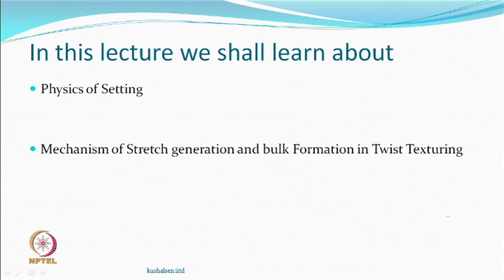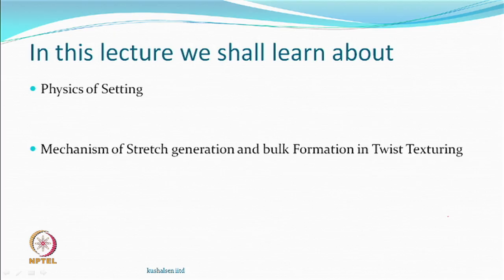In this lecture, we would try to concentrate on the physics of setting and the mechanism of stretch generation and bulk formation in twist texturing. It does not matter whether it is duo, turbo duo or false twist or Helenka, this should cover all these types of processes.